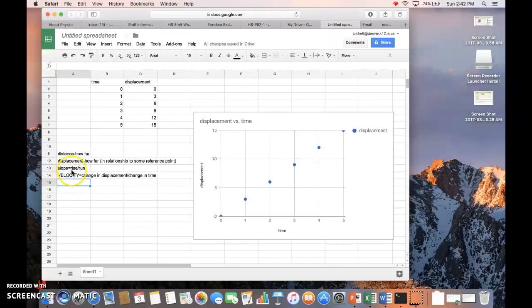Slope is rise divided by run, and velocity is my change in displacement divided by my change in time. And here's the main connection for this specific graph: for graphs that are displacement versus time, your slope is your velocity.